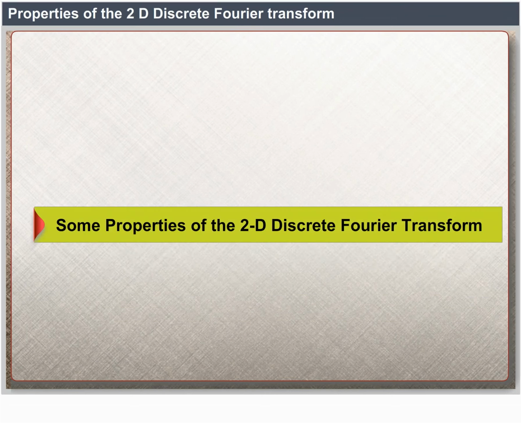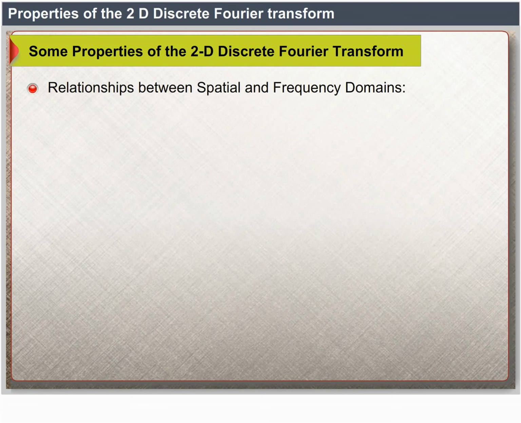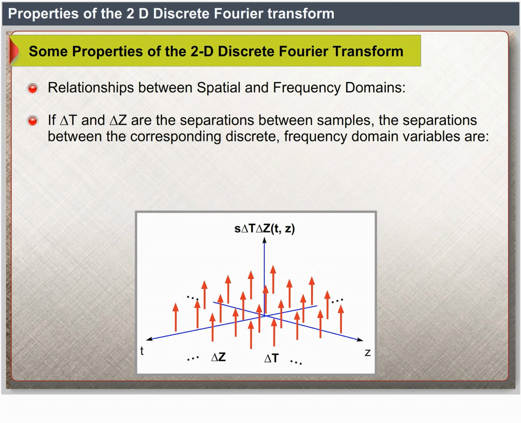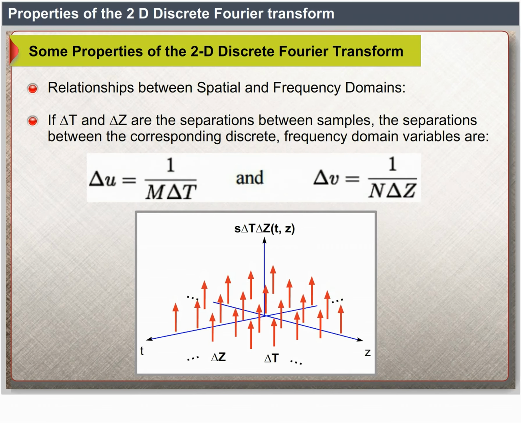Translation and rotation. Translation has no effect on the magnitude, and the equations are as shown on the screen. Rotation. Polar coordinates: f of r, theta plus theta naught, and capital F of omega, phi plus theta naught.